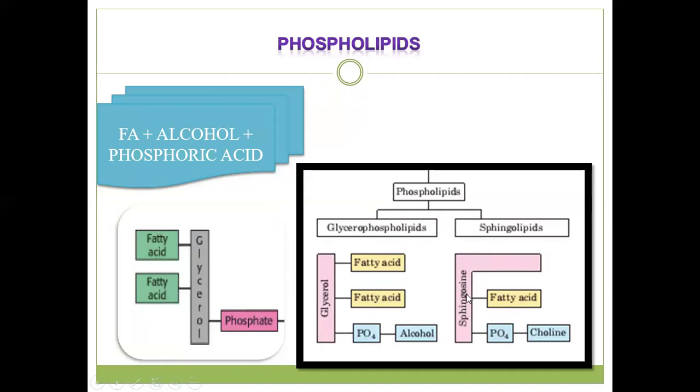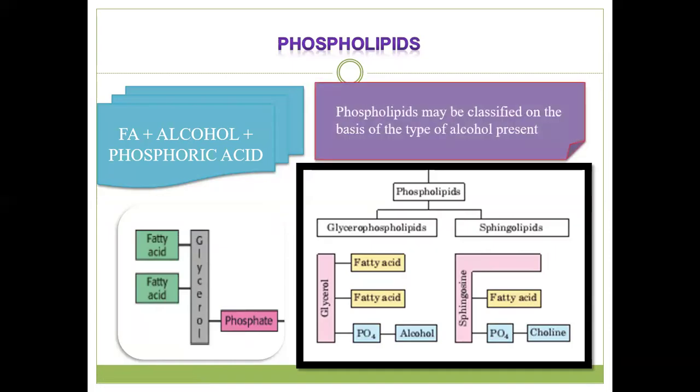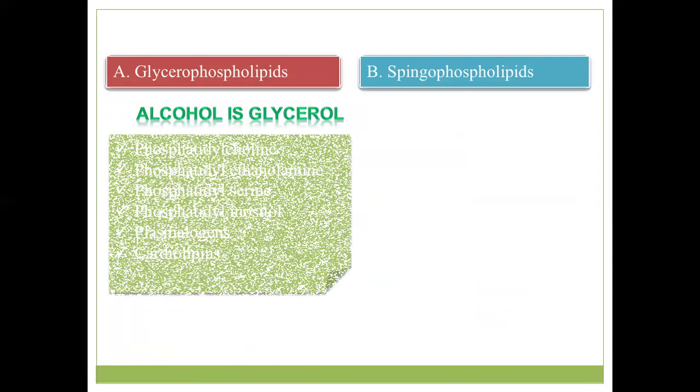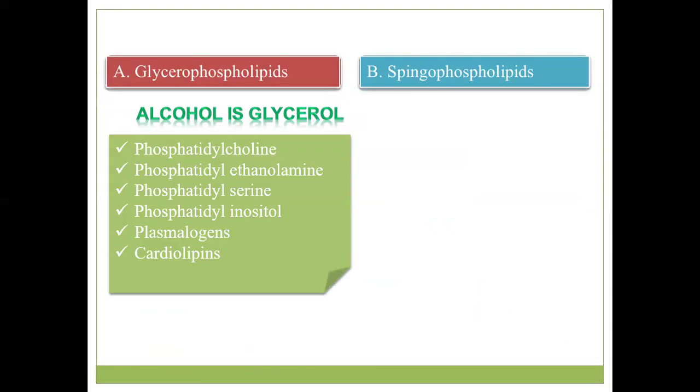In the next slide, we'll see the structure of sphingosine. On the last carbon we have the phosphate group, and then any other thing can be added, which can be choline, serine, ethanolamine, as in glycerophospholipids. For glycerophospholipids, we have examples: phosphatidyl choline when choline is attached to the phosphate group, phosphatidyl ethanolamine when ethanolamine is attached, phosphatidyl serine, phosphatidyl inositol, plasmalogens and cardiolipins.